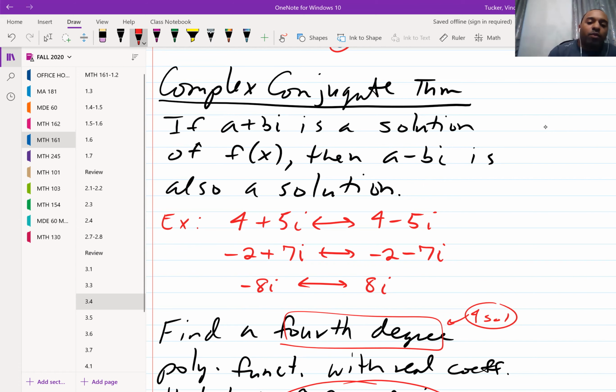Just a reminder, 4 plus 5i, the complex conjugate of that is 4 minus 5i. Only thing that we change is the sign of the imaginary part. -2 plus 7i, complex conjugate would be -2 minus 7i. And even -8i, complex conjugate would be +8i. Once again, all we change is the sign of the imaginary part.